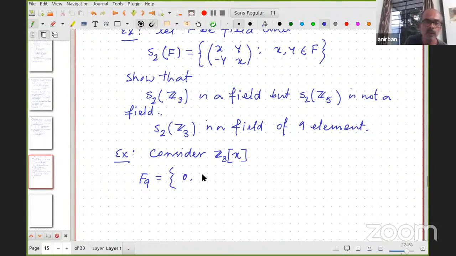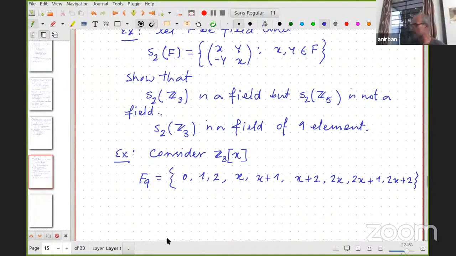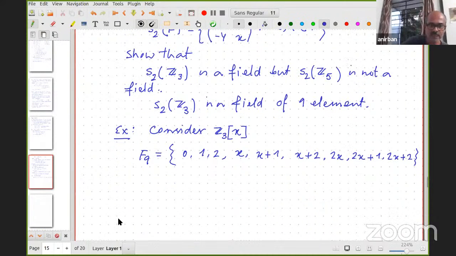So it contains 0, 1, and 2, the constants coming from Z3, and some polynomials, which include x plus 1, x plus 2, 2x, 2x plus 1, and 2x plus 2. So these are all the elements I'm collecting in F9. So that's just a set. We need to define addition and multiplication on this.